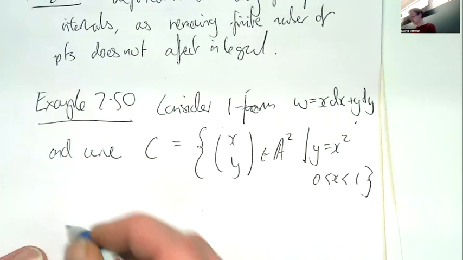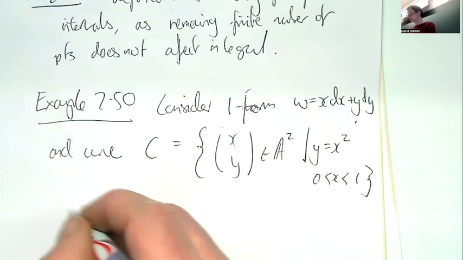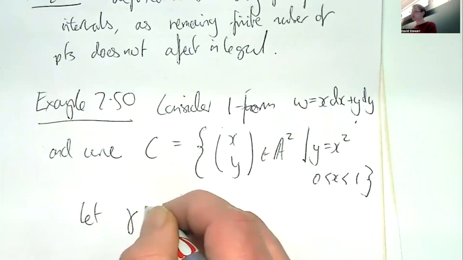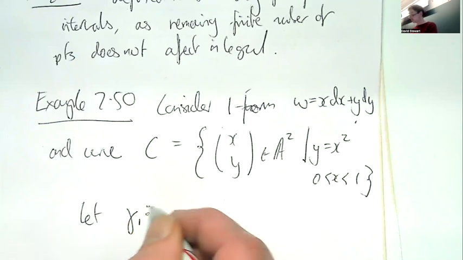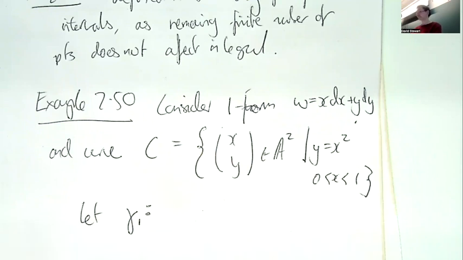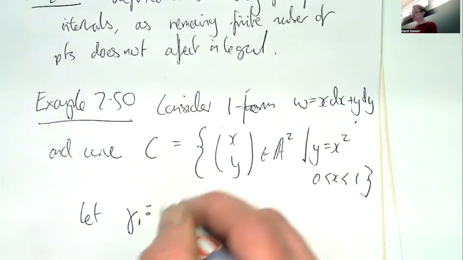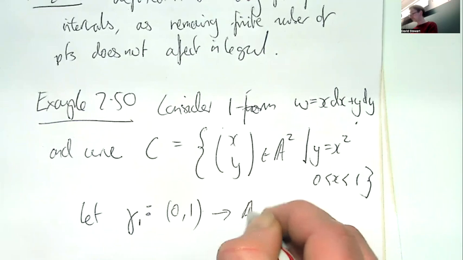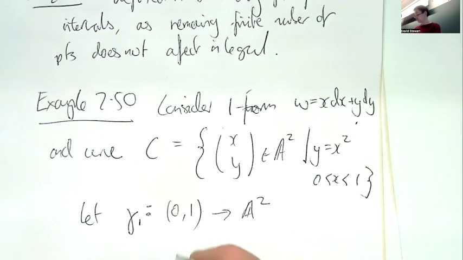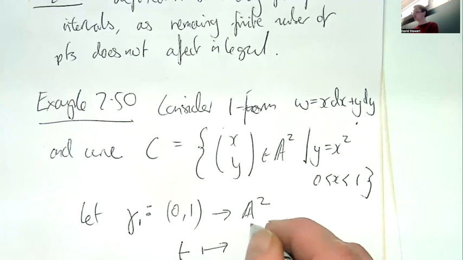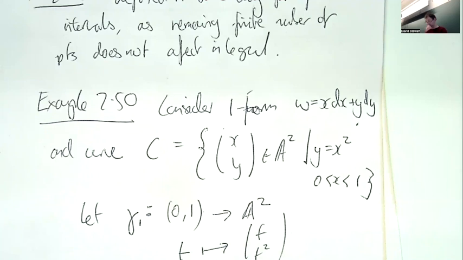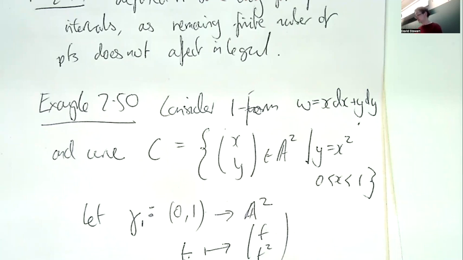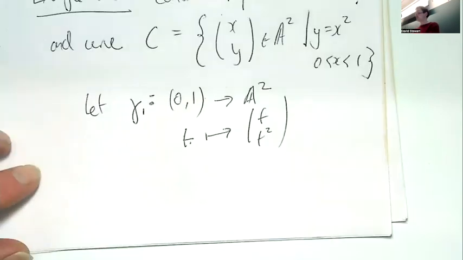So let's choose a parameterization. So let gamma, and I guess we'll call it gamma 1 because it's consistent with the notes that we've been writing so far, take the interval 0, 1 into R^2, and it's going to take you from t to (t, t squared). So we're just letting t equal to x here, and we get that parameterization.